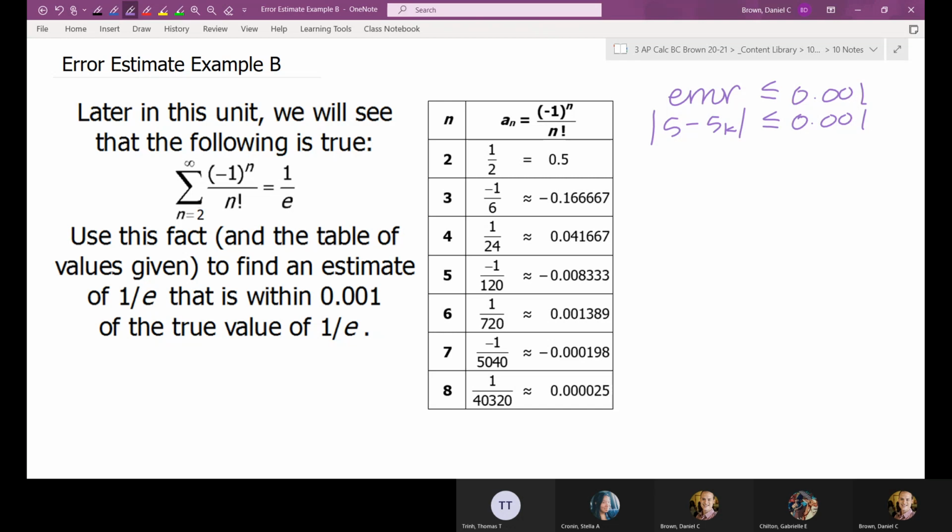So looking at that table, how many terms would you need to add up to get within 0.001? And again, you want to think of this as the first omitted term.